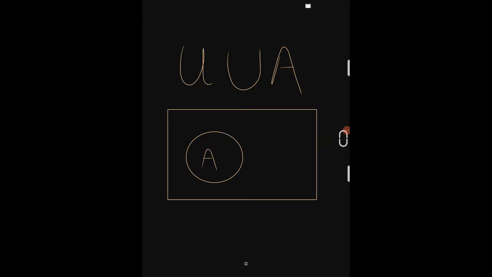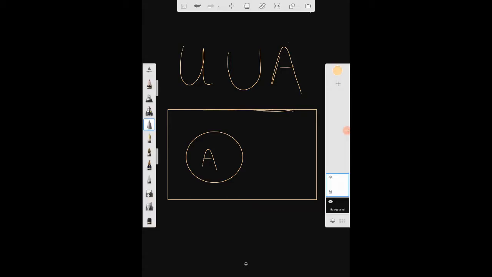So this is my universal set, this rectangle, and that rectangle contains the set A. So I cannot add anything new to it. Whatever is already there in the universal set, only that you are uniting. So therefore universal set remains the same. So universal set union A will be again universal set.